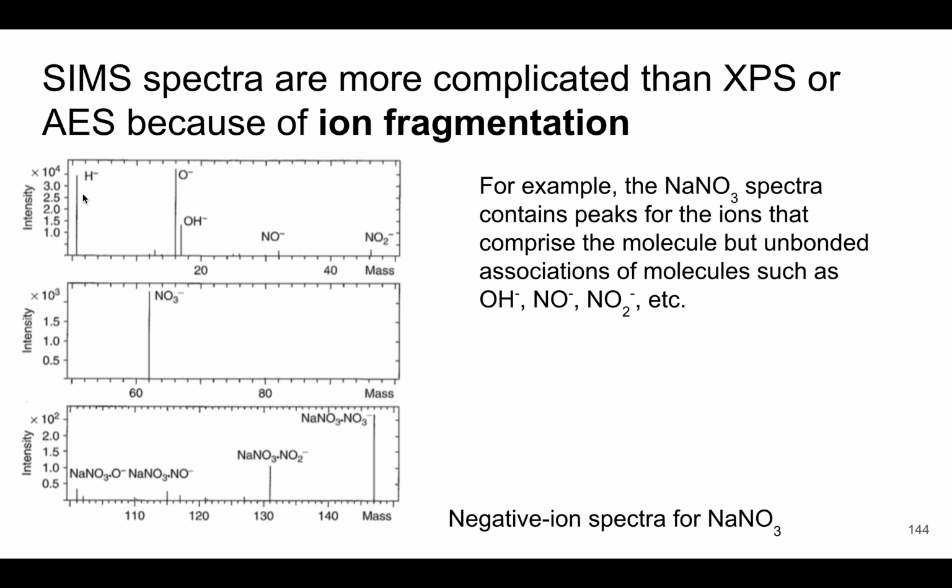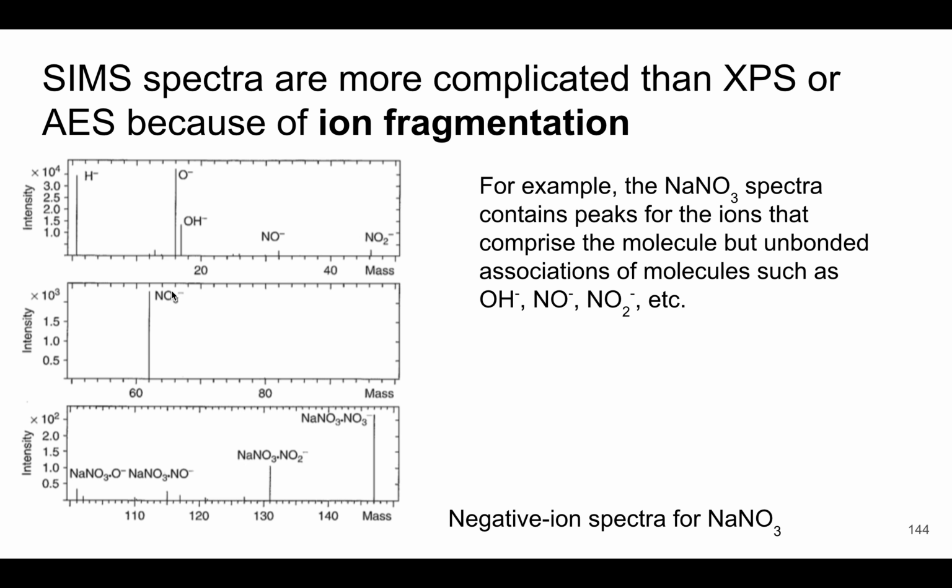So we can get a hydrogen negative ion. And so if you think about that, we are talking about 2 electrons. And so then we have oxygen, we can have hydroxide, NO minus, NO2 minus. So those are all possible fragmentations of this larger molecule that we have.